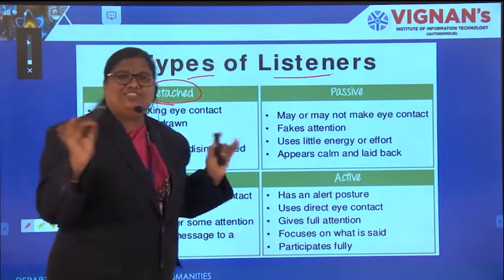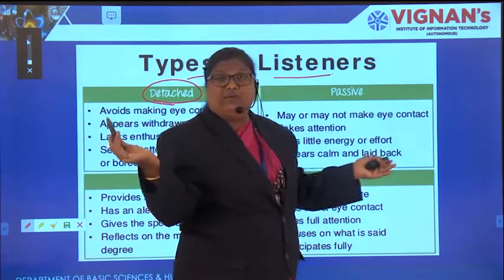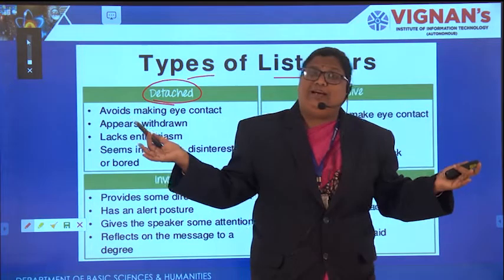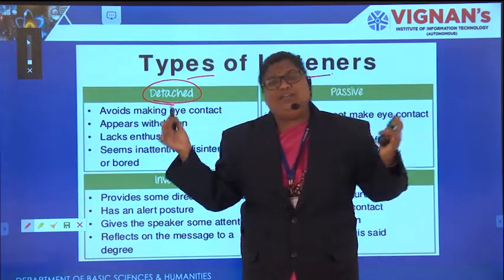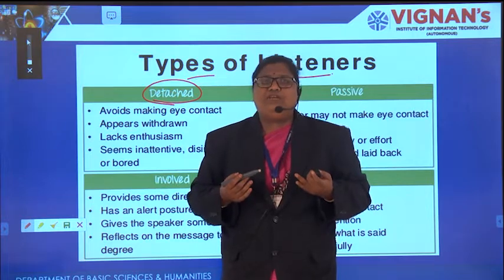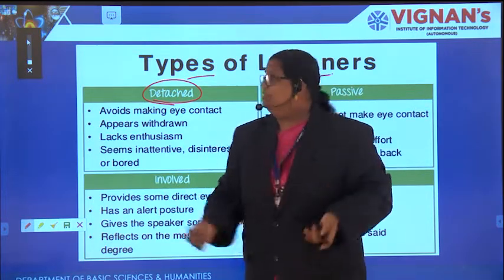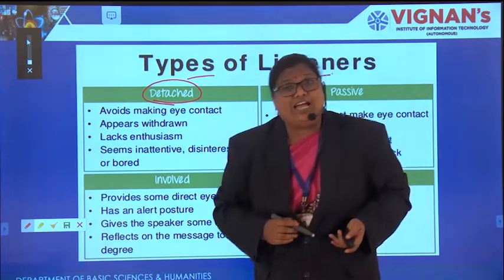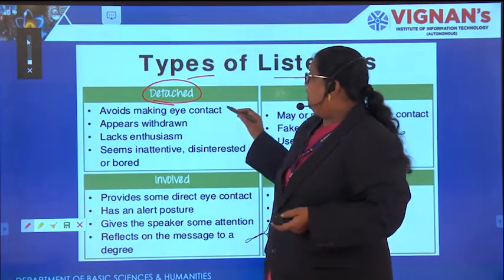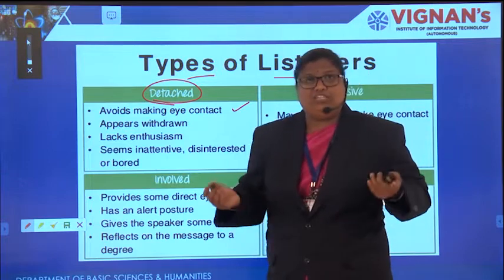They're not interested. They're completely in another world, roaming around in the mind. But superficially, you could feel like they are listening to you, but their mind is somewhere else. So that kind of listeners we call detached listeners. Here, they avoid making eye contact, definitely.